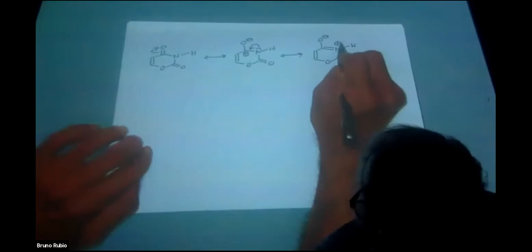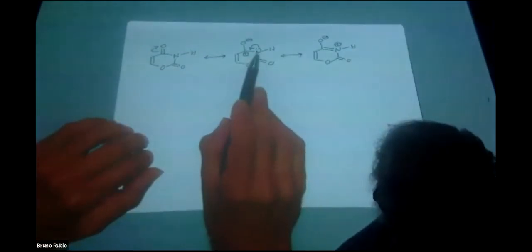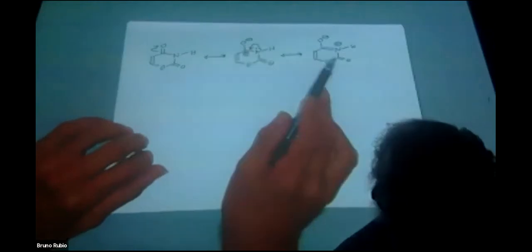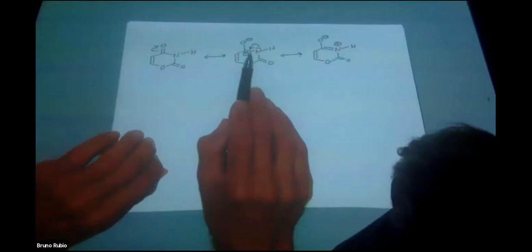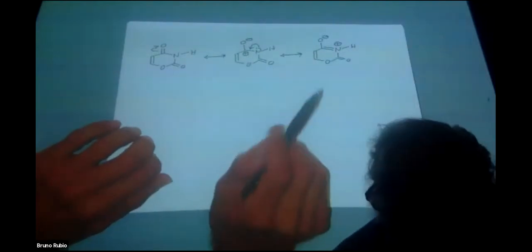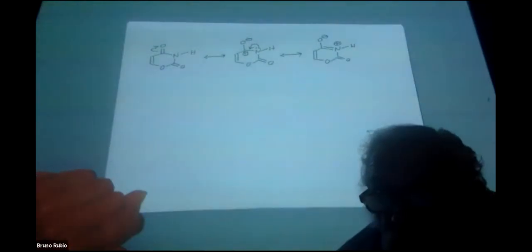And always taking care of my formal charges, right? Without the formal charge, the structure is just wrong. This nitrogen was neutral. I'm pushing electrons away from it. It pops out positive. This carbon was positive. I'm bringing electrons toward it. It's going to pop out neutral. Okay, 2 down, 3 to go.